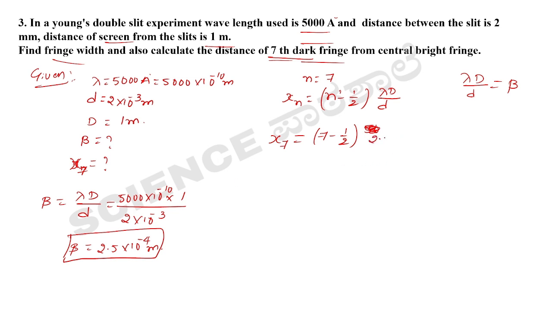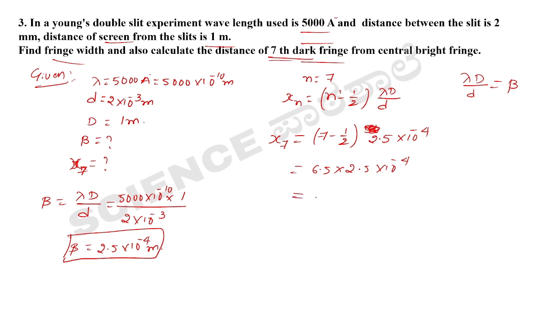Beta is 2.5 into 10 raised to minus 4. Lambda capital D by small d is equal to beta, and we got the answer here, 2.5 into 10 raised to minus 4. Directly substitute here, no need to calculate again. So this is 6.5 into 2.5 into 10 raised to minus 4.